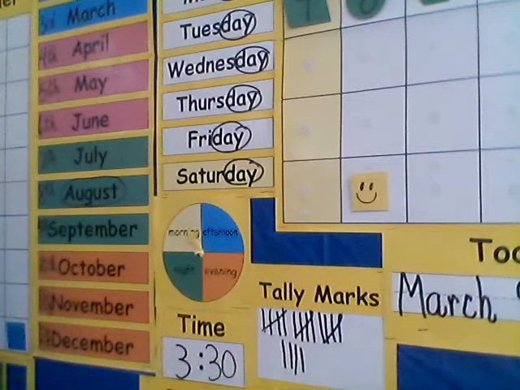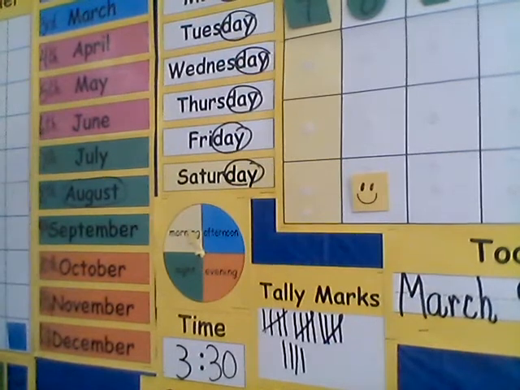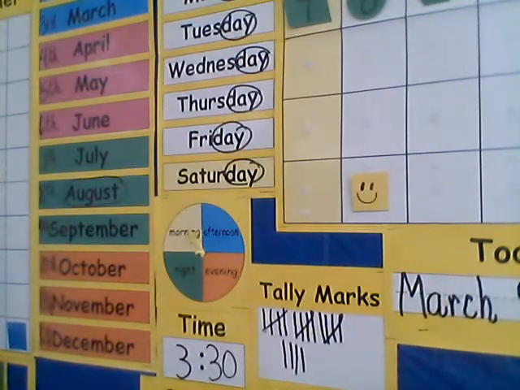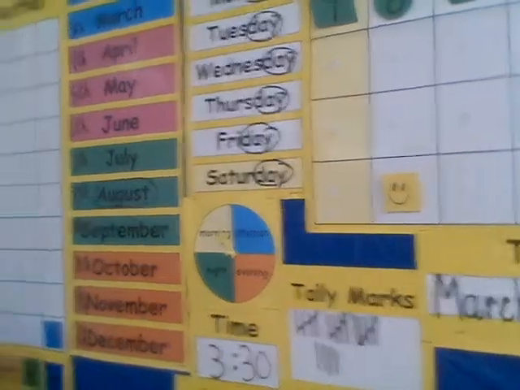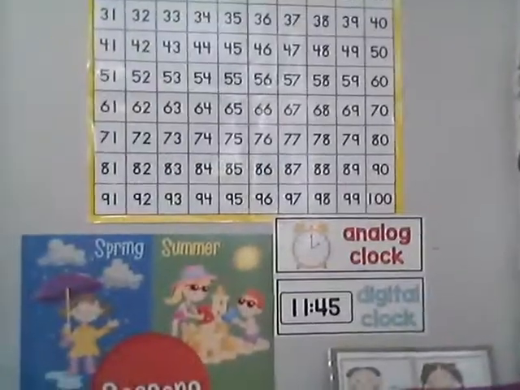Really quickly. Let's look at our 100s chart. Oy, oy, oy. There goes my clock. Okay, really quick, let's look at our 100s chart. Okay, there's our 100s chart.